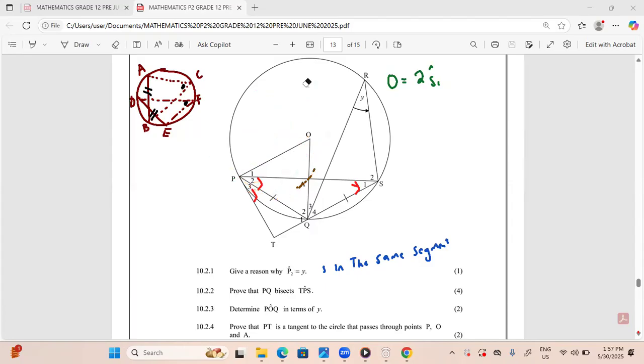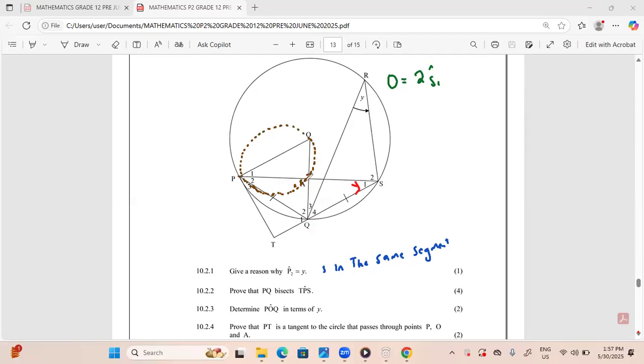Maybe let me erase this other thing so that you can see what I'm trying to do. I'm talking about the circle moving from O, touching A. Let me try to create a better circle. Touch at P. Yes, it's the circle that is passing at P, O, A. And they are saying, prove that the line PT is tangent to this circle.